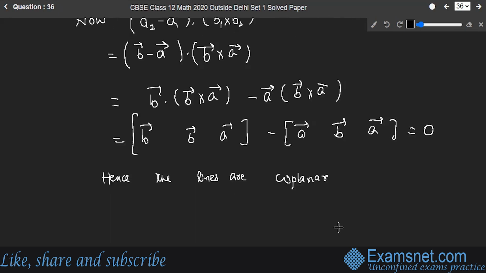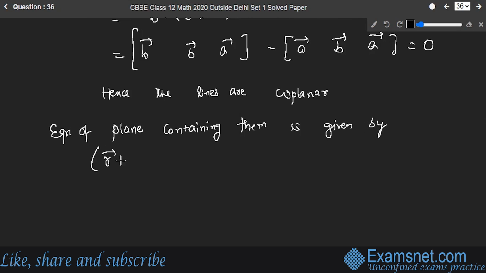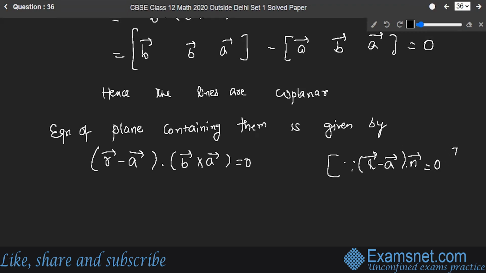Right. And the equation of the plane containing them is given by R minus A dot n vector is equal to 0.